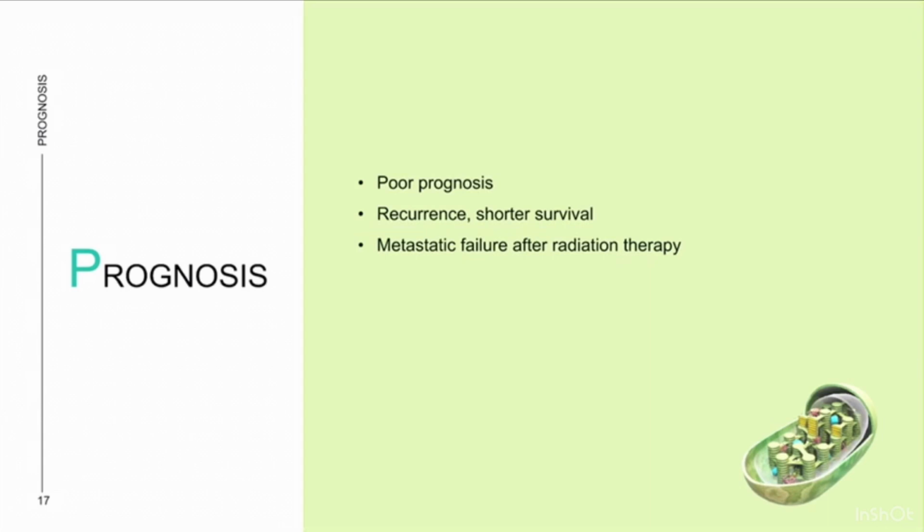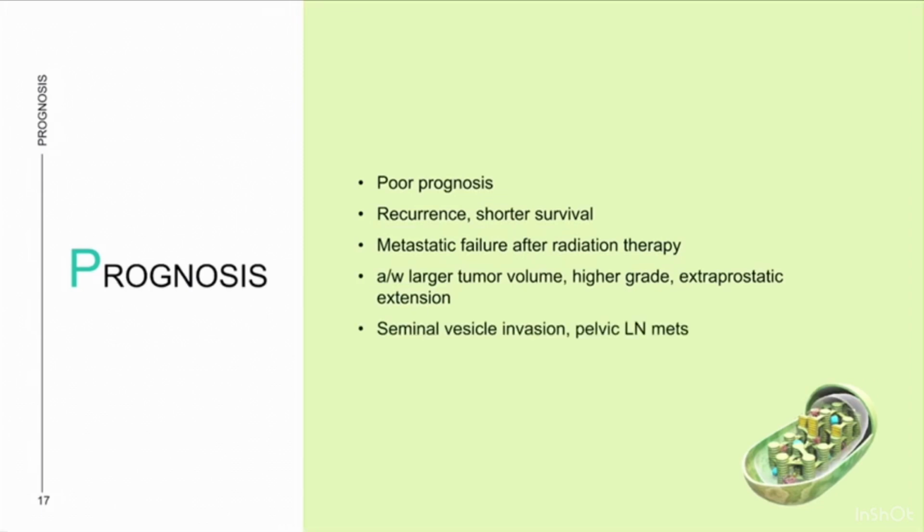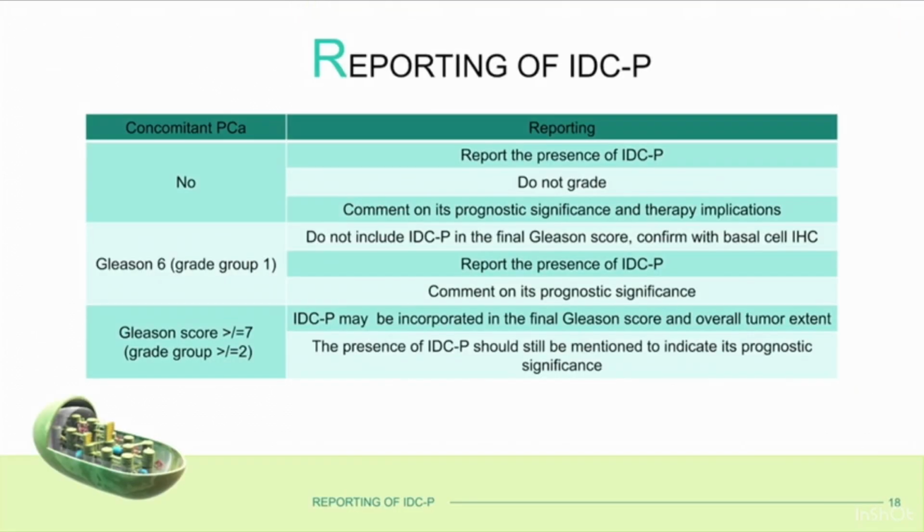That means even after radiation therapy, there will be metastasis in the patient, mostly because it has a poor prognosis and treatment resistance. It will be mostly associated with larger tumor volume, higher grade and extraprostatic extension into seminal vesicles and then to pelvic lymph nodes.